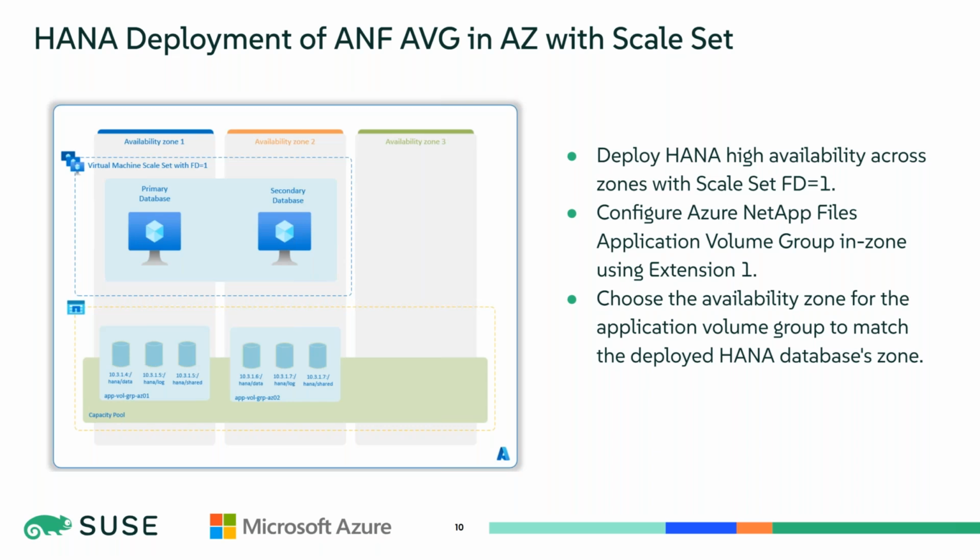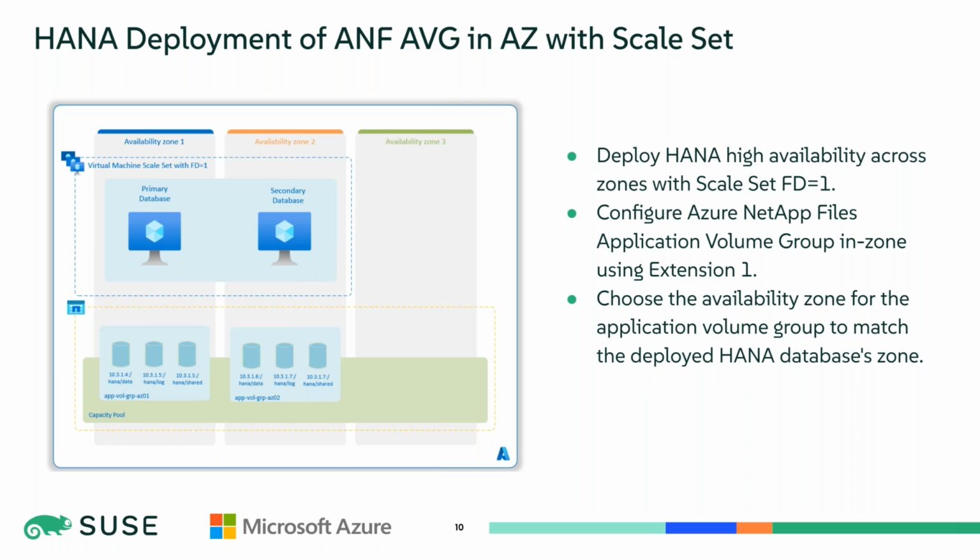So for SAP HANA, there is a feature called application volume group. Azure NetApp Files application volume group will allow you to provision the volumes for SAP HANA in different IP addresses, so that if there is some issue in one of the IP addresses, it doesn't impact the second volume. But now everything could be deployed in a particular availability zone.